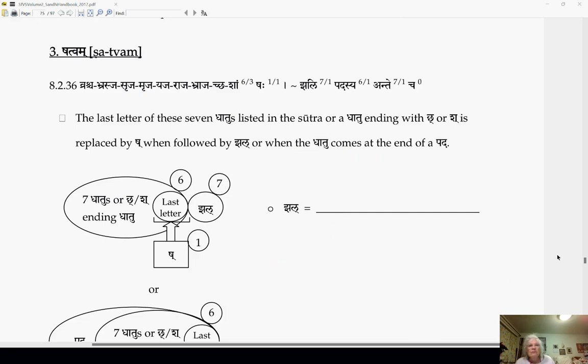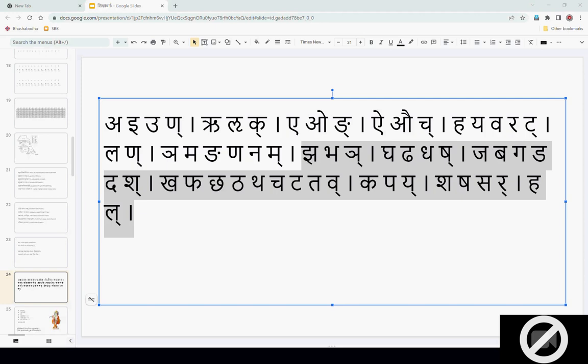Yeah, so let me share another, the one dictionary that I had shared with you. Vyakaranam.